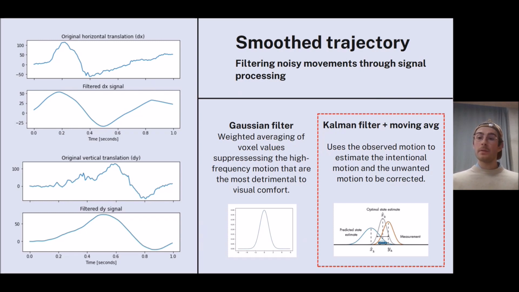The Kalman filtering, which basically is an estimation of the mean and the standard deviation of the intentional motion, which you subtract from the original signal, and a moving average after the Kalman filter to smooth even more the camera trajectory.